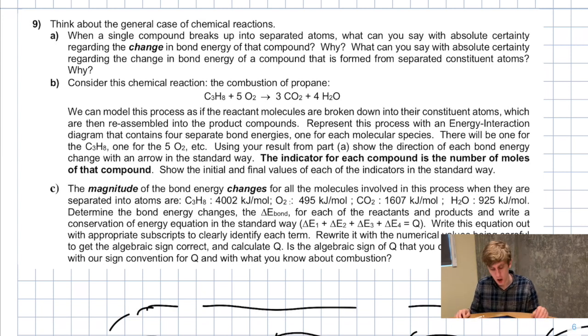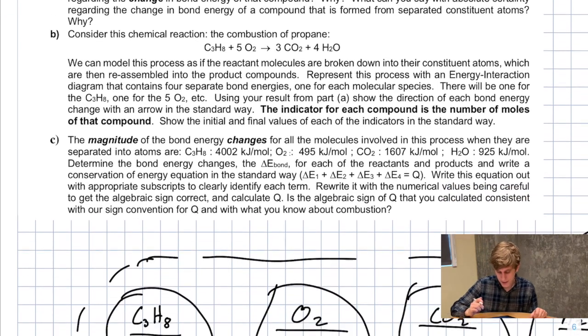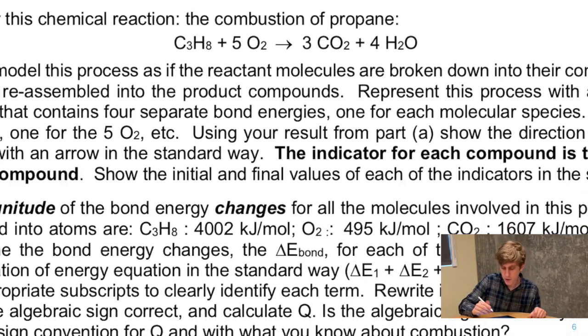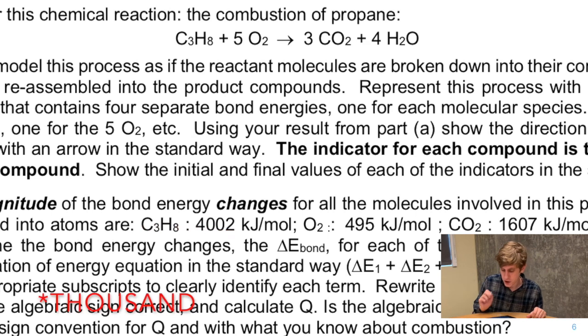In part C, we're given the magnitude of the bond energy changes when these substances are formed. Now keep in mind, this is a magnitude. There are no plus or minus signs on these numbers. We have to put those in on our own. So let's start with delta E bond for the propane. The change for the propane is 402 kilojoules per mole.